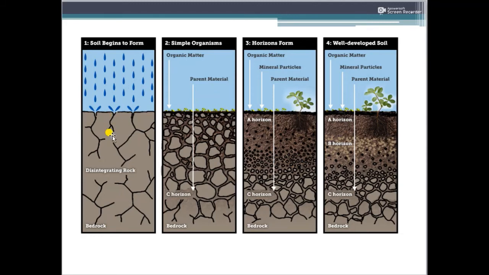Now, how does this occur? It mainly occurs by various physical, chemical, mechanical, as well as climatic factors, which contribute to the disintegration of the parent rock.